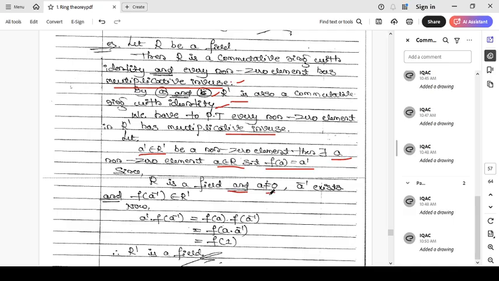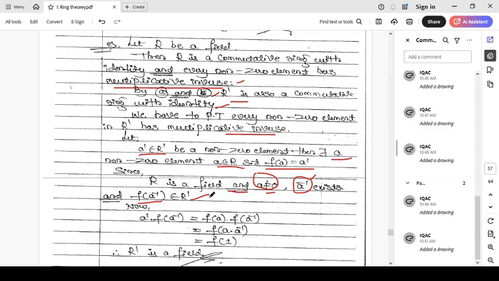Because the third condition of a field is that every non-zero element of R has its multiplicative inverse, according to the definition of a field. So since R is a field, a must be non-zero, therefore the multiplicative inverse exists. So a inverse exists, and if a inverse exists in R, then f of a inverse must be present in R dash.